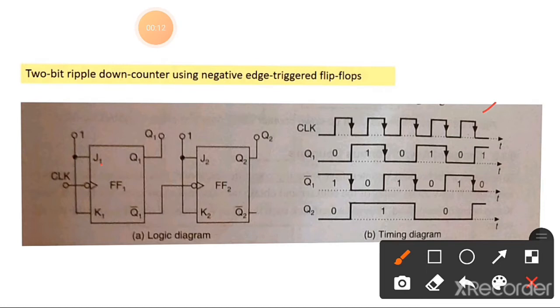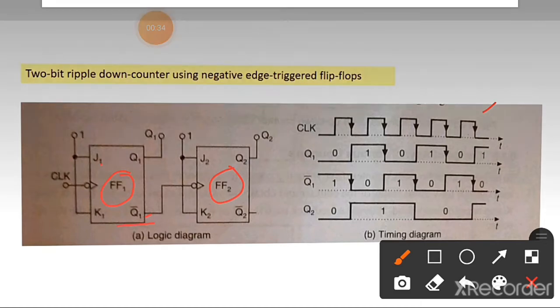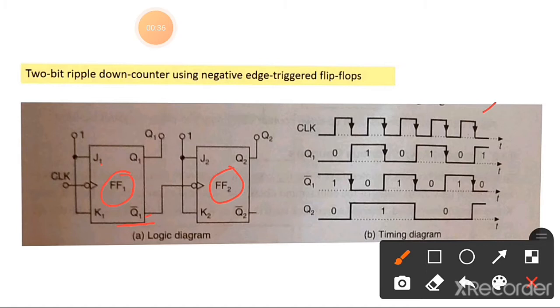For down counting, this is the first flip-flop 1, and this is the second flip-flop 2. For down counting, we are connecting the output Q1 bar of flip-flop 1 to the clock of flip-flop 2.